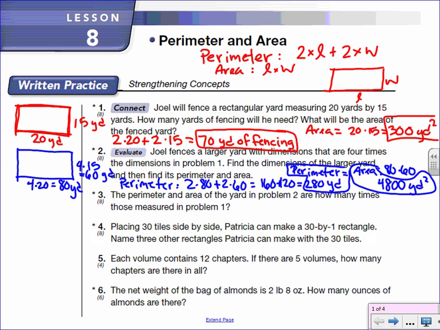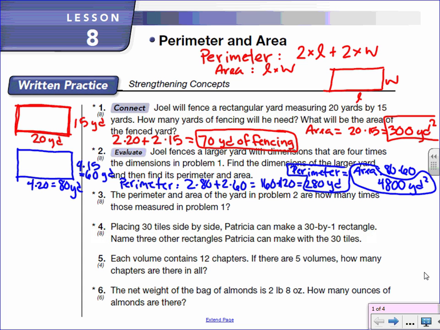In problem number 3 now, it's asking us to compare the perimeter and the areas of the yards in number 1 and number 2. So going from number 1 to number 2, our perimeter was 70 in the first problem and 280 in the second one.